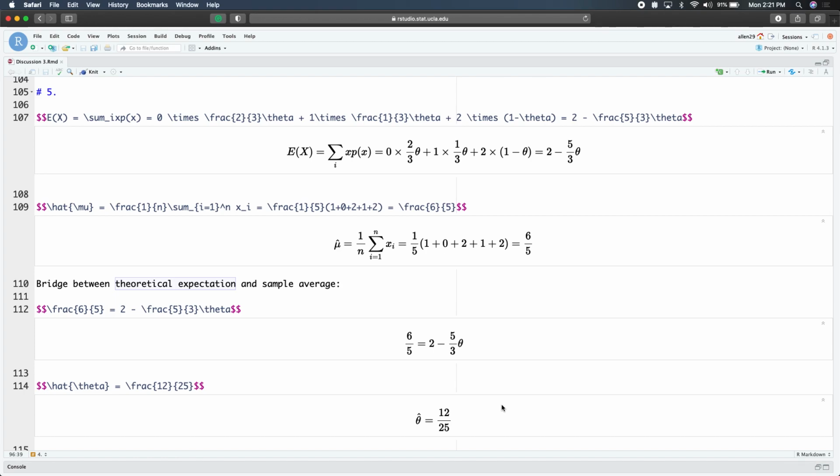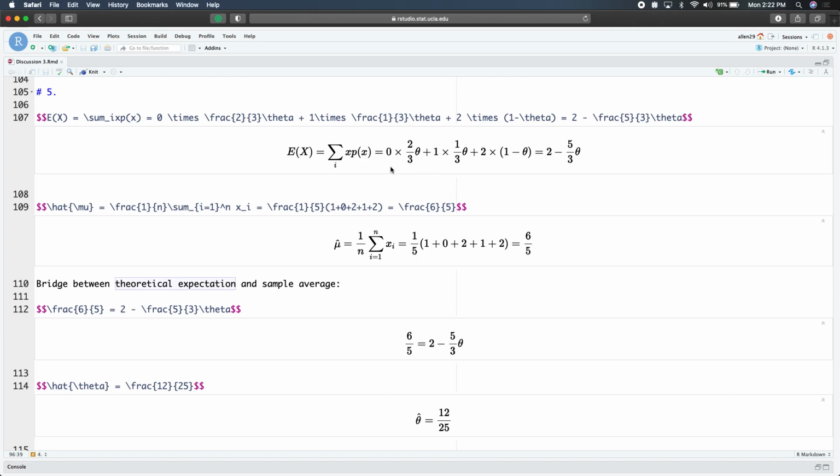Okay, then for question 5. Different from question 4, this time we have a discrete probability distribution. We have the corresponding sample space. So x can equal 0, or 1, or 2. So we have 3 elements in the sample space.